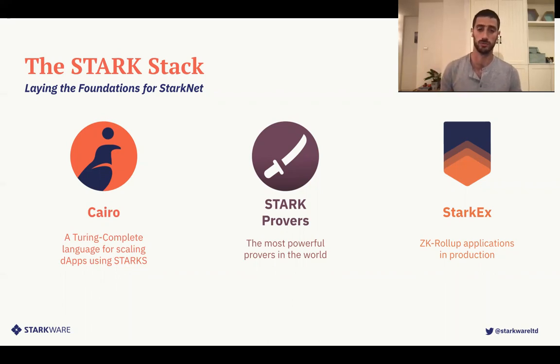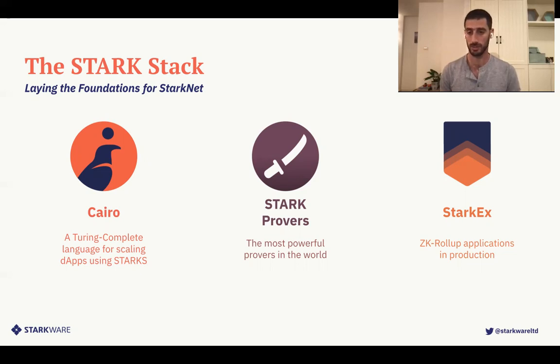Next, we have our Stark provers. Once you write your program and you want to generate a proof for it, you need to have strong provers. And our provers are, at least as far as we know and as far as was proved on mainnet, the most powerful provers in the world.